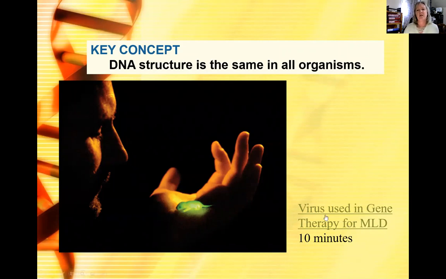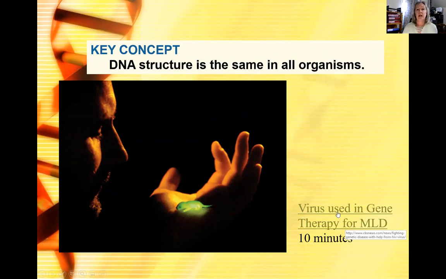Down here, if you look at this video link, this is how the AIDS virus is used as a delivery mechanism, because AIDS viruses can get into cells very easily.